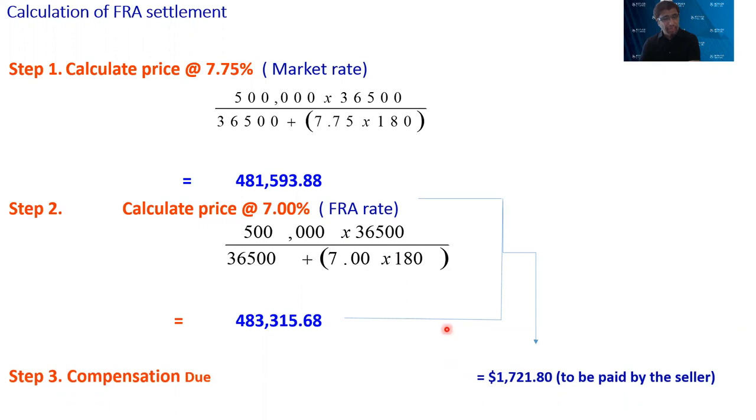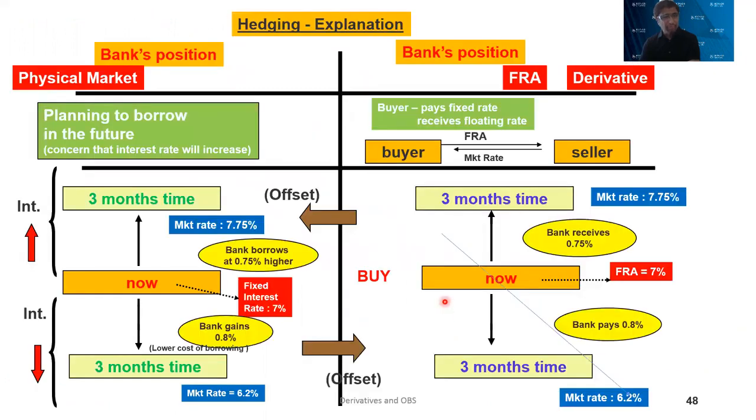But what is happening is here. You have a physical position, and this is your physical market. And this is your bank position, a derivative market.